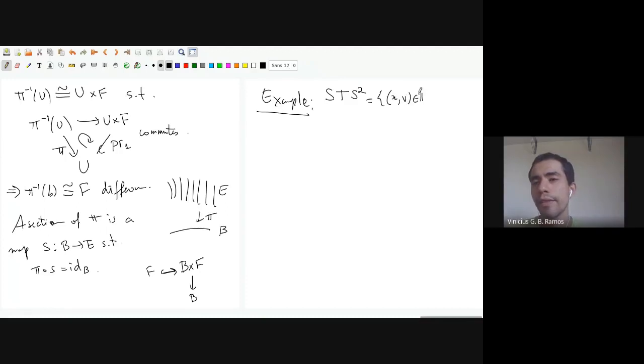So this is a subset of S2 times R3. I mean, you can do this with abstract manifolds, but I guess might as well do it like this, such that v is tangent to S2 at x, and the norm of v is equal to 1.